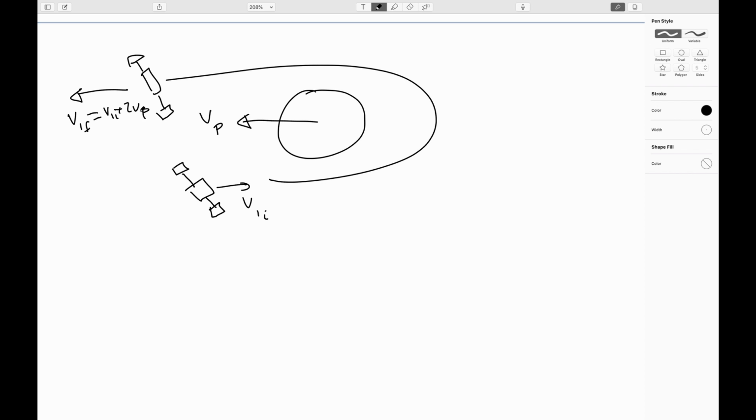But you pick up this boost that can be as much as 2 times the speed of the planet. Now, it's not going to be as good as this extreme case, but it's still pretty darn good. And since the planet is kind of hauling, that gives you a big enough boost that you now have enough kinetic energy to make it out, say, from Jupiter to Saturn. And then if you're on a grand tour, you'll do a gravitational assist at Saturn.